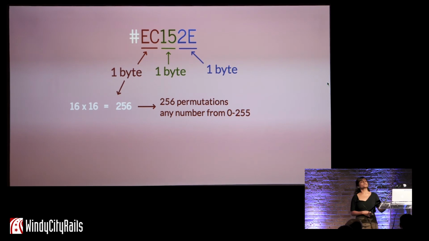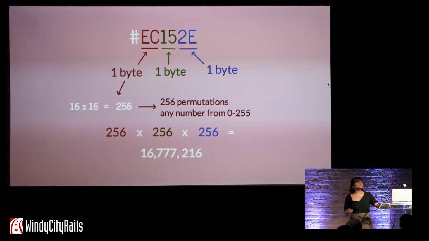So if 1 byte of information can contain 256 possible values, how many possible values could we have for every single hex code, all the colors? Well, I don't know if your math is better than mine. I had to pull out a calculator for this. 256 times 256 times 256, which is over 16 million colors. 16 million colors in the color spectrum that we are compressing down into just 3 bytes of information, which is pretty rad.